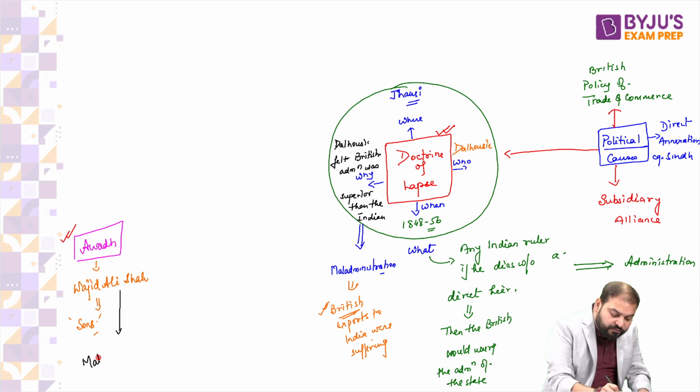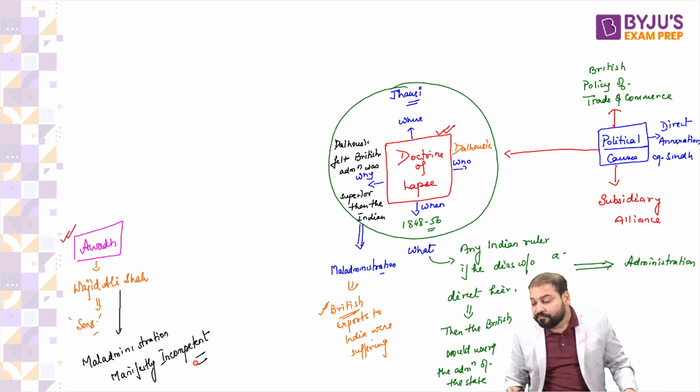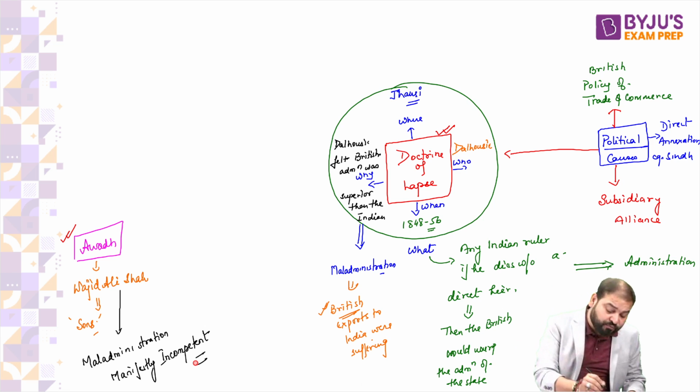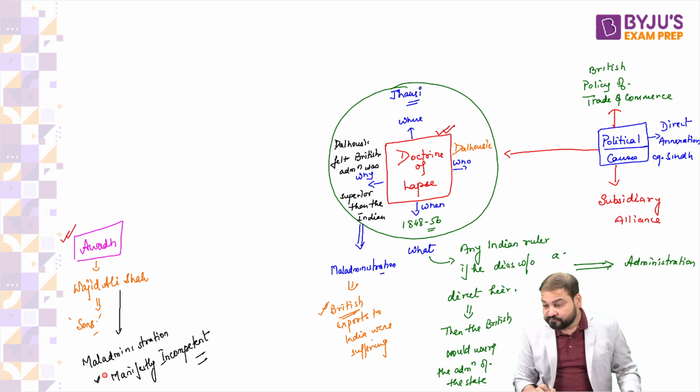So on Awadh, the charge was of maladministration. Wajid Ali Shah was told that you are a very, very incompetent ruler. They felt that this was very bad rule that he had applied here.